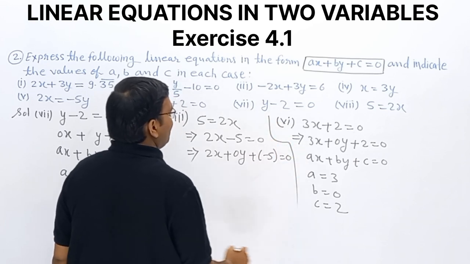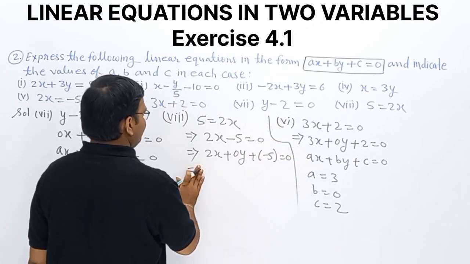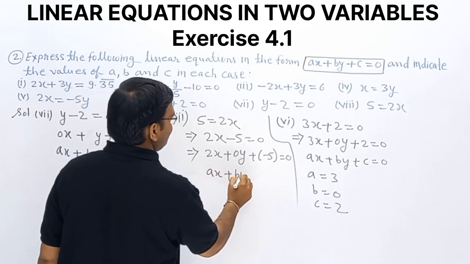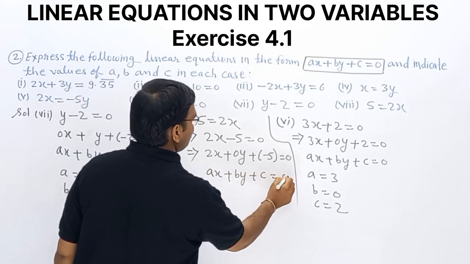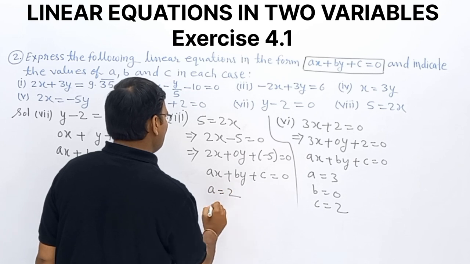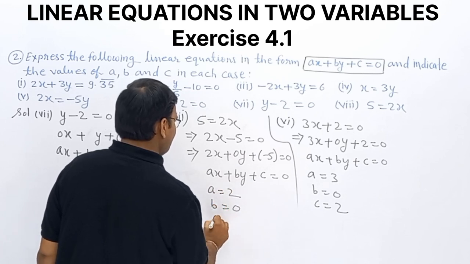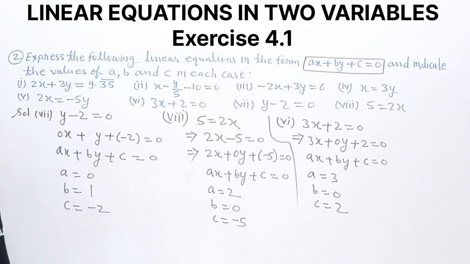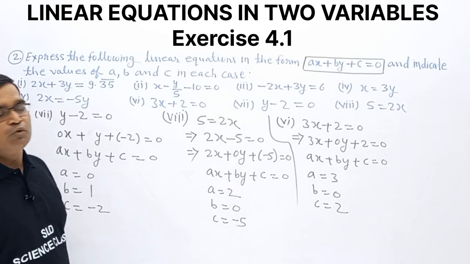Now we compare with the general form of a linear equation in two variables, ax plus by plus c equal to 0. Then a equal to 2, b equal to 0, and c equal to minus 5. So in this way we obtained the values of ABC.